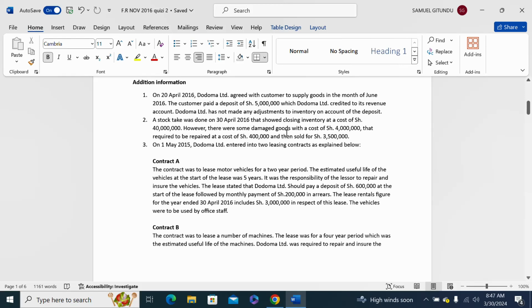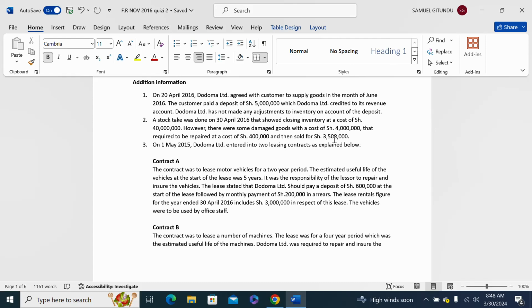However, there was some damaged good with a cost of 4 million that required to be repaired at a cost of 400,000 and then sold for shillings 3,500,000. And this question is testing your understanding of International Accounting Standard 2, where it says that inventory is measured at the lower of cost or the net realizable value.